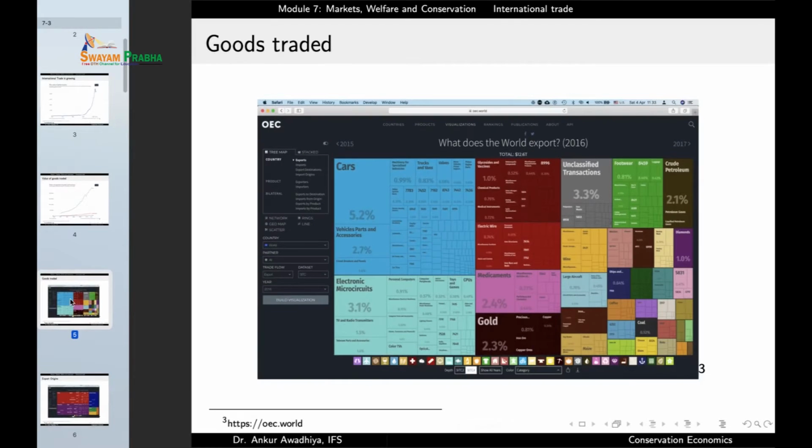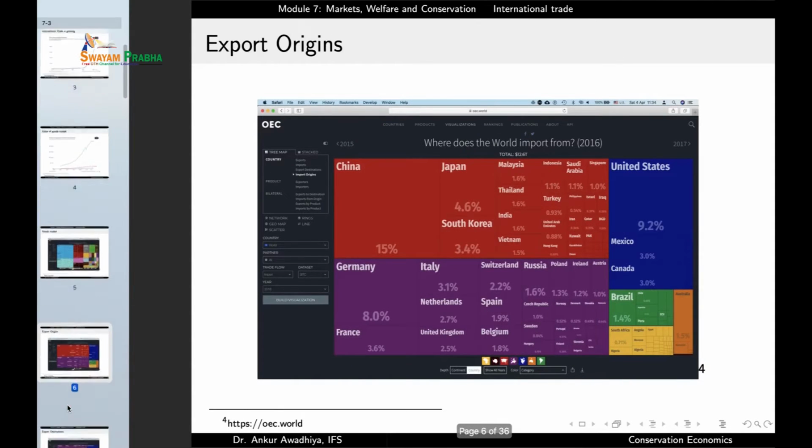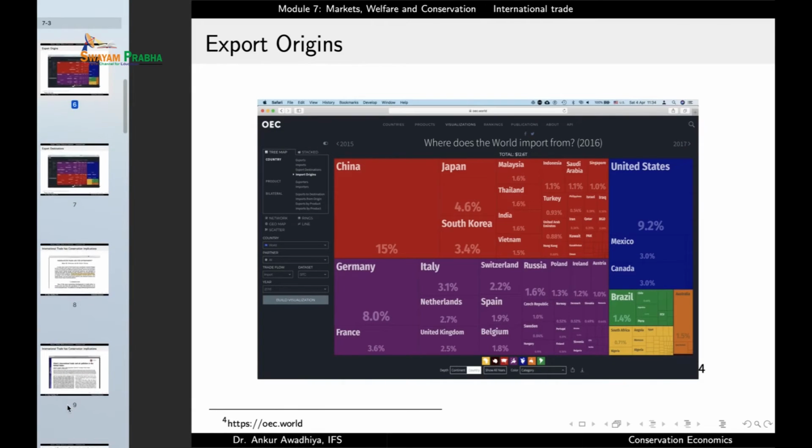And this export is occurring for a number of different things. The lion's share is comprised of things like cars, electronic microcircuits, medicaments, or gold. These are things that occupy a very large portion of the goods trade. And these goods are exported from several countries.